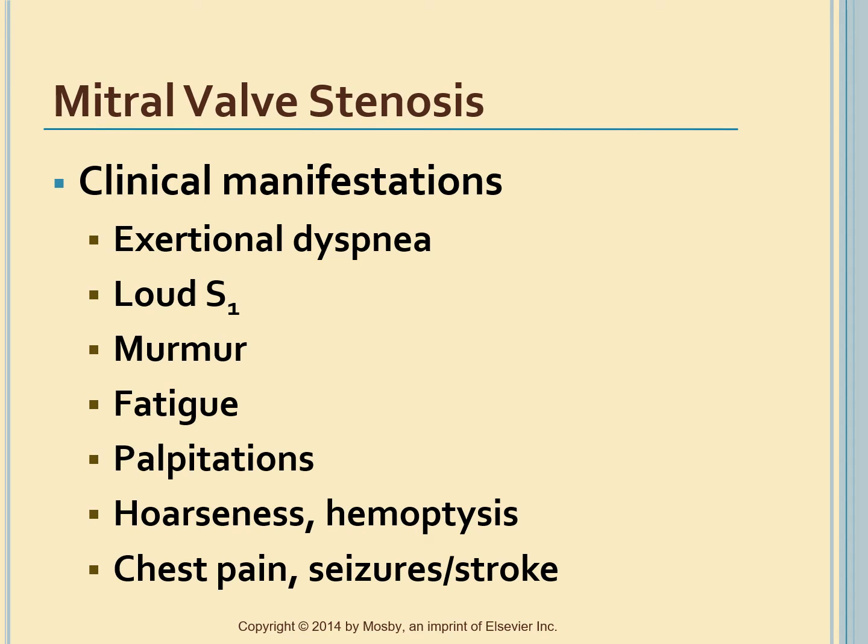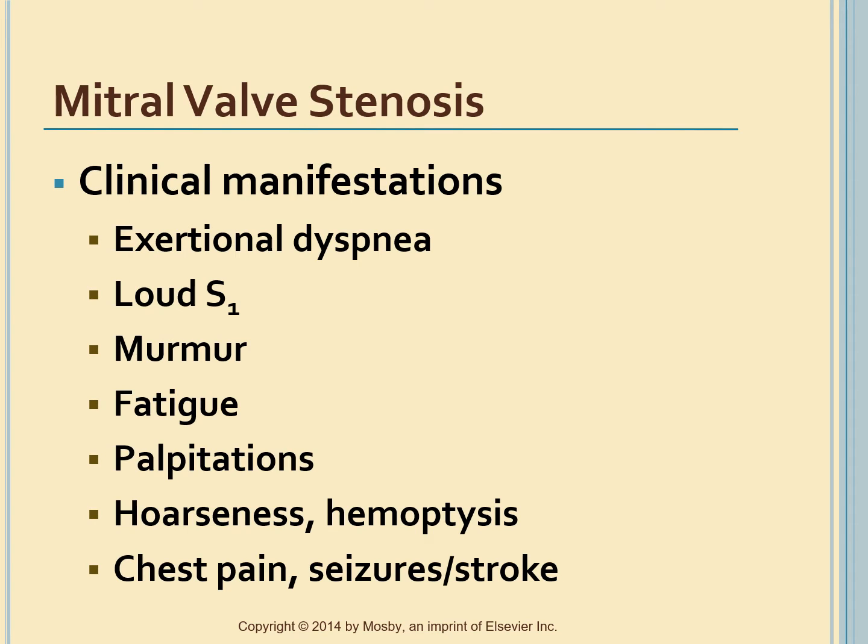Hoarseness and hemoptysis. Those are caused because as the left atria hypertrophies, it can press on the laryngeal nerve, causing voice hoarseness. Chest pain can be related to decreased cardiac output, because our left ventricle doesn't have as much stroke volume, because the opening from the left atrium to the left ventricle is tightly closed, right?